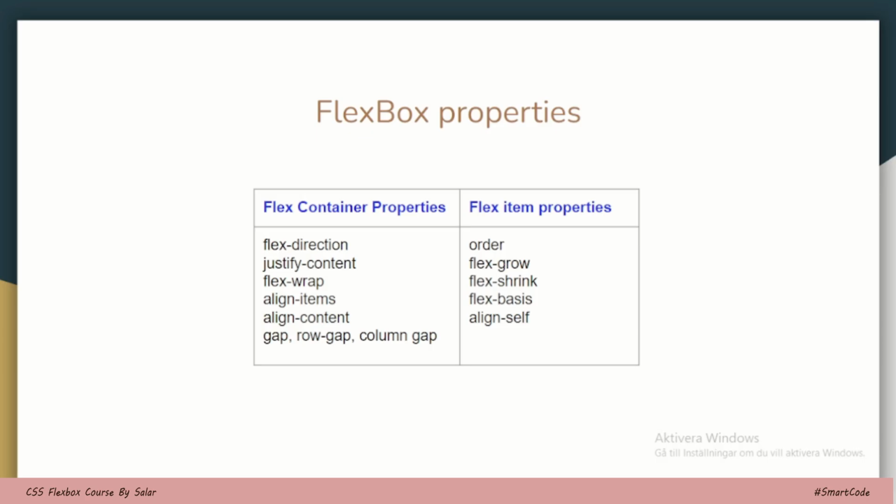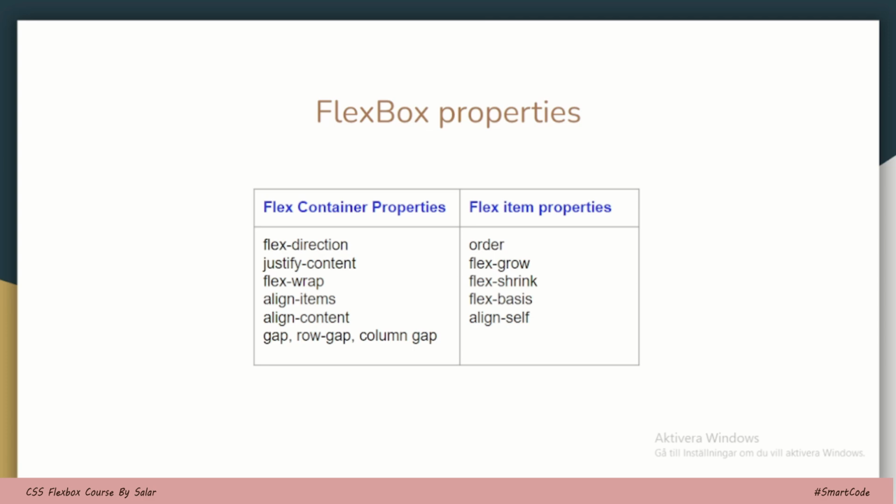Now, as we know, Flexbox consists of two things: flex container and flex items. So in the Flexbox system, we have a bunch of properties for both of them. Flex container has its own properties which can only be applied on the container, as well as flex items have their own properties which can only be applied on the items.